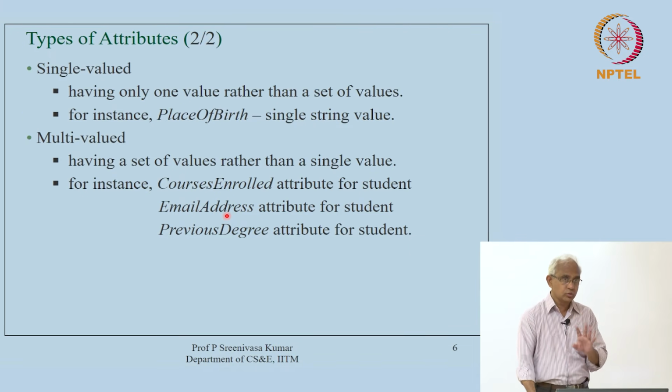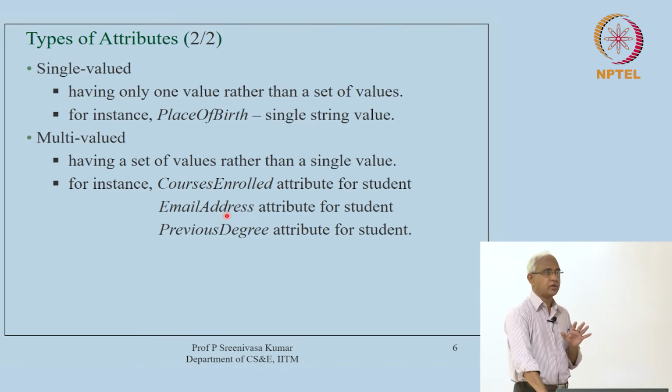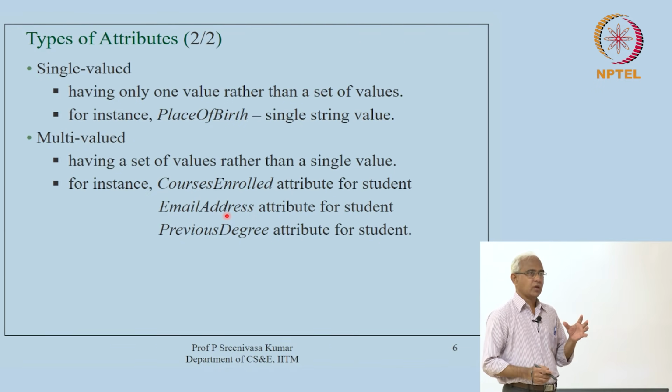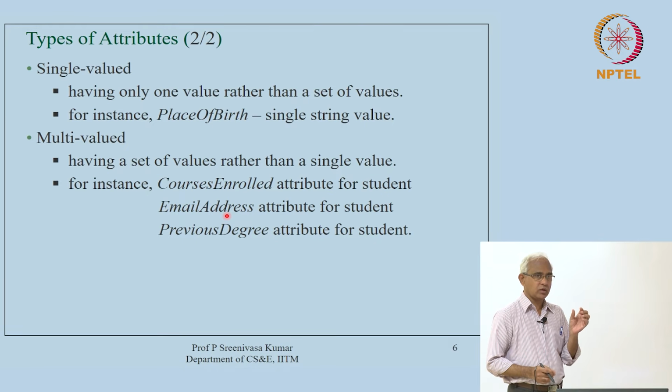So, now we have seen two ways of looking at attributes. One of them is, are they simple or composite? Simple means it has only one component, it does not have multiple components. Composite means it has components inside it, whereas single valued means it always has one value associated with it, and multivalued means it has a set of values associated with it.